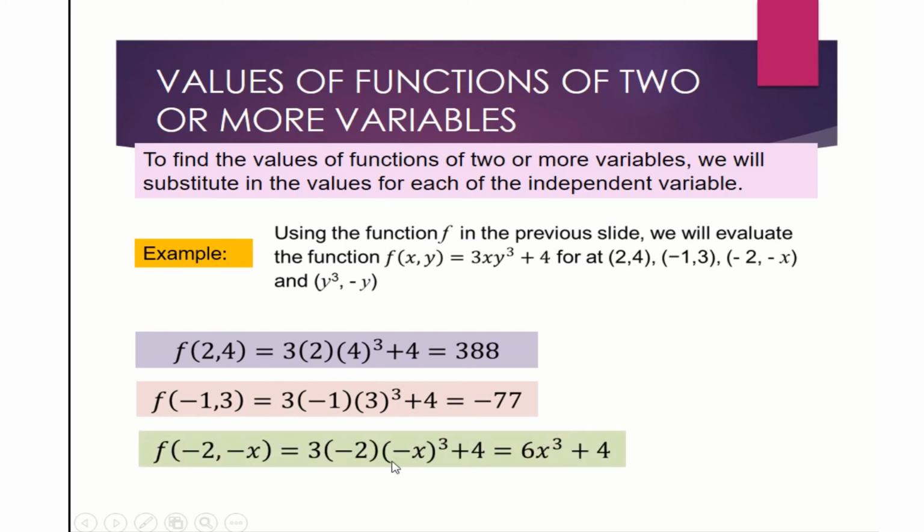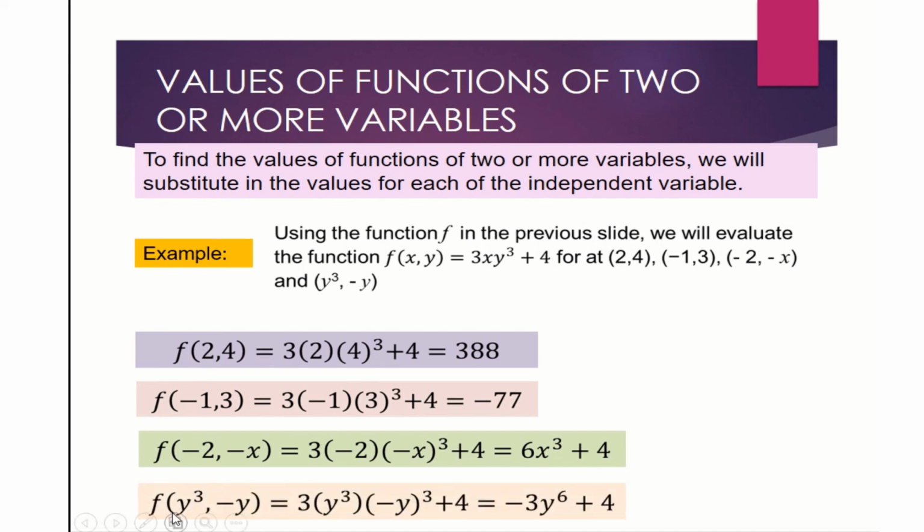Next, for f(-2,-x), by substituting x with negative 2 and y with negative x, we get the value of f(-2,-x) as 6x cubed plus 4. And lastly, for f(y cubed, -y), we replace x with y cubed and y with negative y. Therefore we get negative 3y to the power of 6 plus 4.